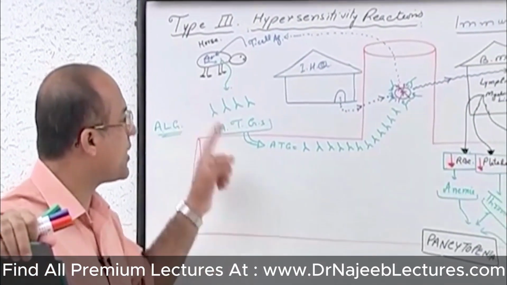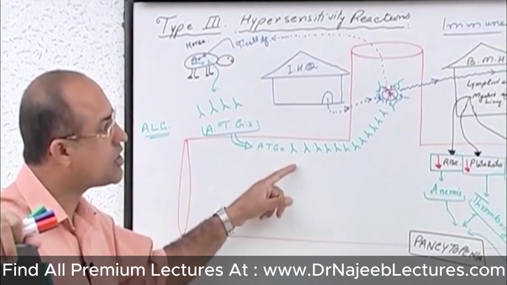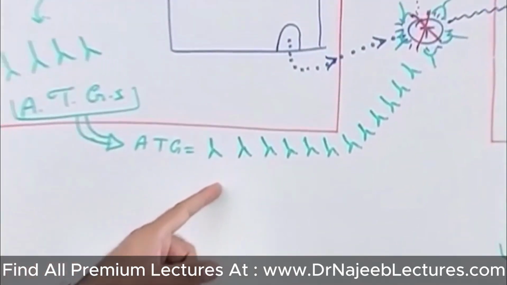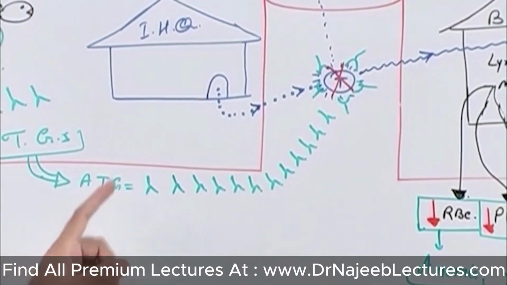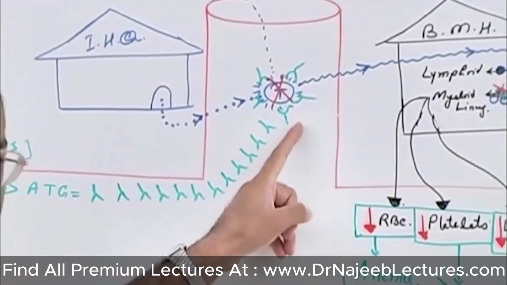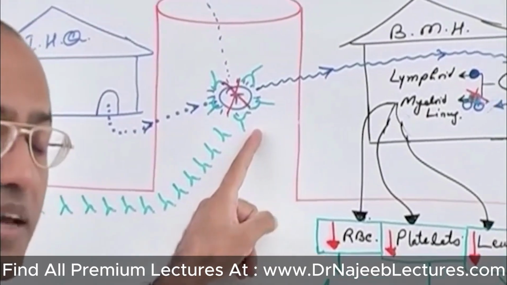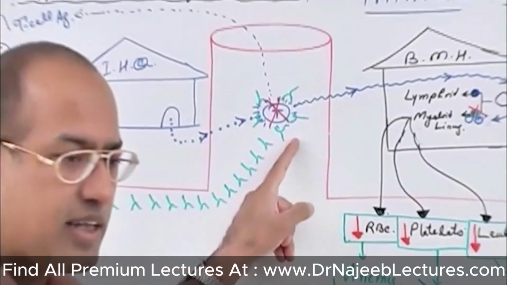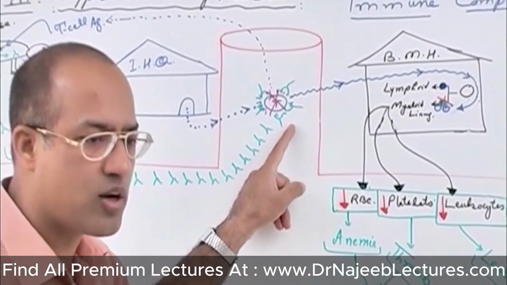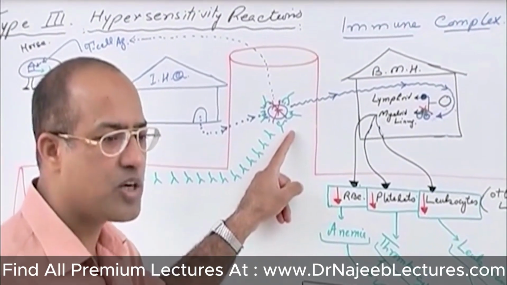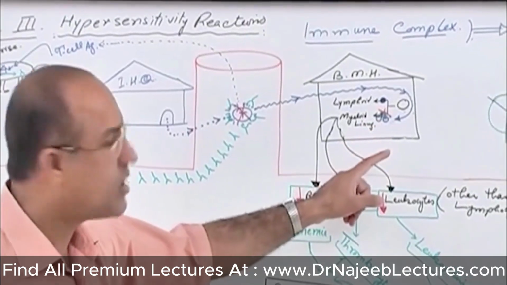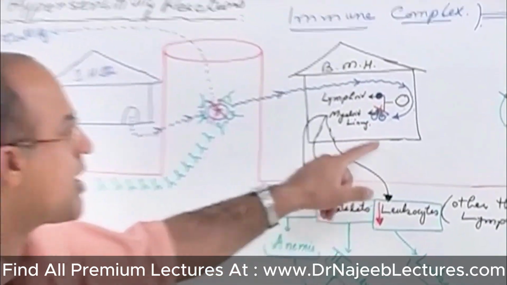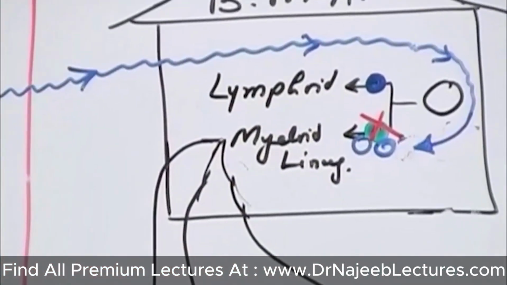So when the animal provides us with the ATGs, we inject the ATGs into this patient. These anti-thymocyte globulins attack the T cells of the patient with aplastic anemia. And when T cells are destroyed, naturally the immune attack on the bone marrow is reduced. What will be the result?